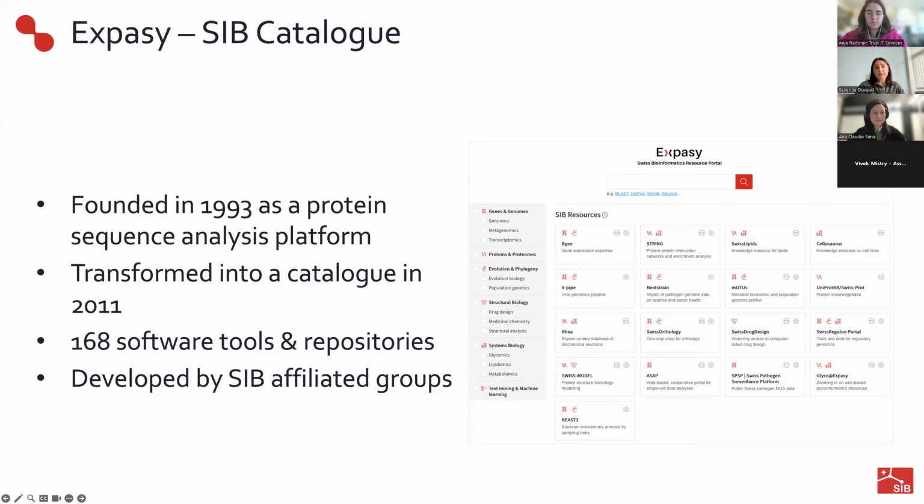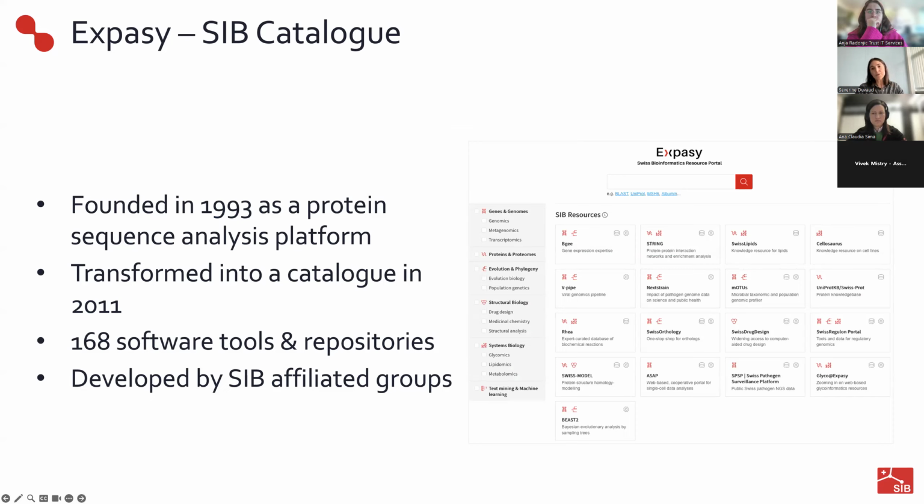Founded in 1993 as a protein sequence analysis platform, XFuzzy was one of the first websites in the world. It was transformed into a catalog in 2011. Currently, there are 168 software tools and repositories listed in the XFuzzy catalog.